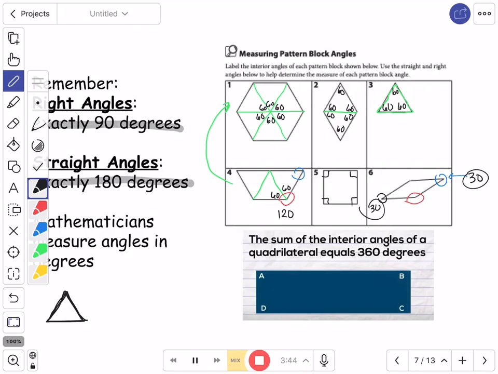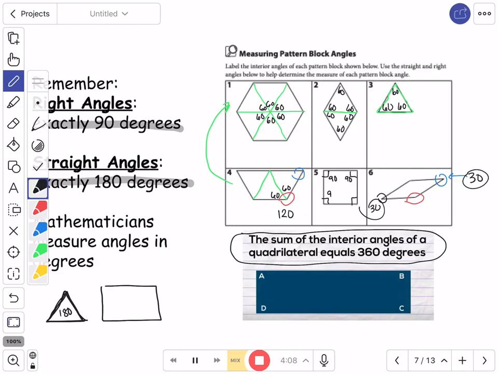If these are 30, now in a triangle, I know that all of the angles of a triangle measure up to 180, okay? But that's not the case for when you have quadrilaterals, all right? So I want you to just keep this in your mind for a second. Now look, the sum of the interior angles of a quadrilateral equal 360, okay?